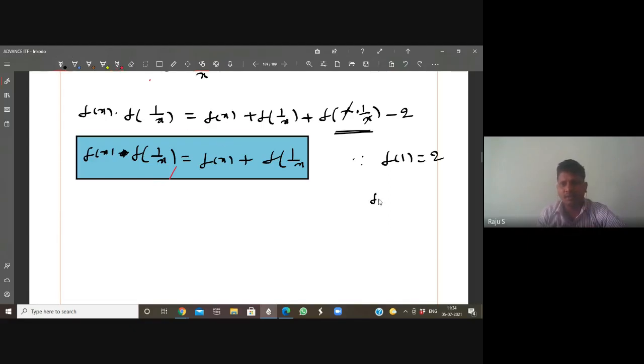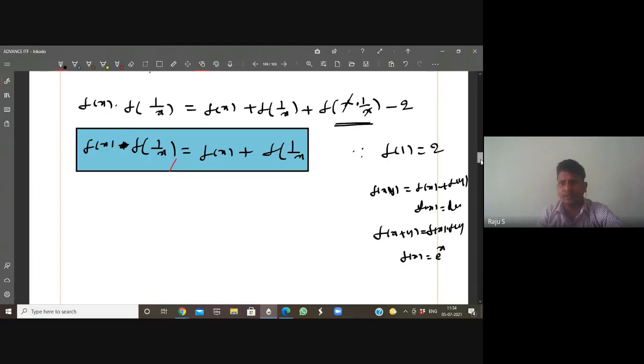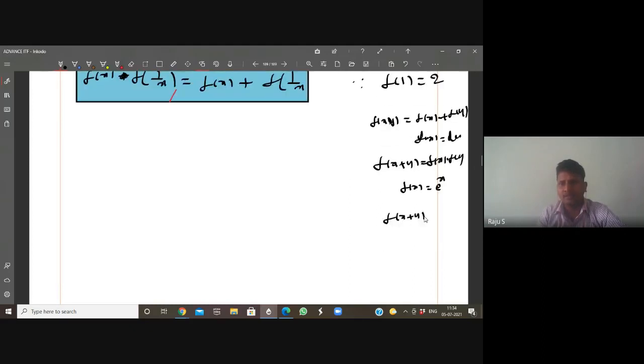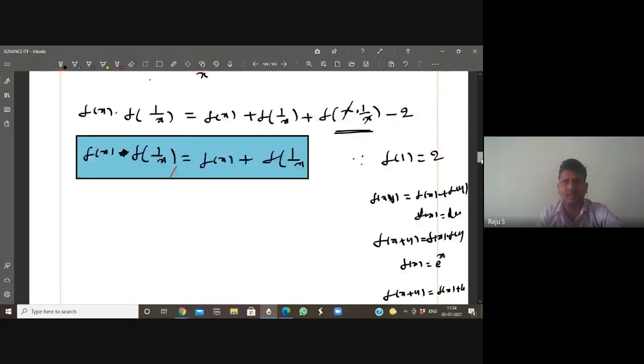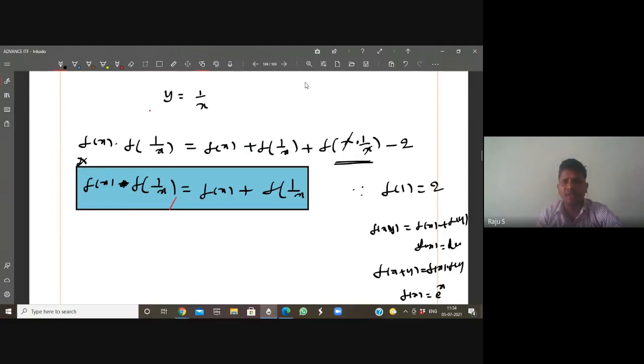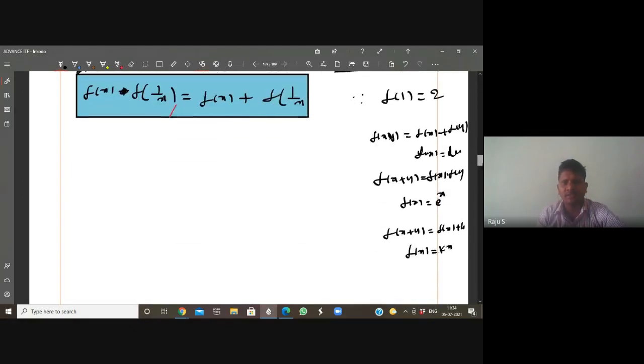Like f of xy is equal to f of x plus f of y, satisfied by f of x is equal to log x, and f of x plus y is equal to f of x into f of y is satisfied by f of x is equal to e power x. And f of x plus y is equal to f of x plus f of y is satisfied by f of x is equal to kx. I have written clearly 6 important properties, and I said very clearly this is a very important functional equation.